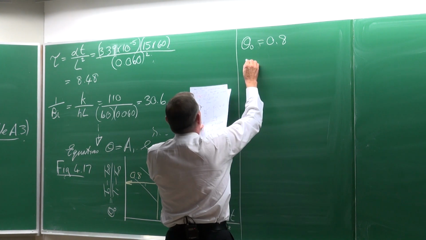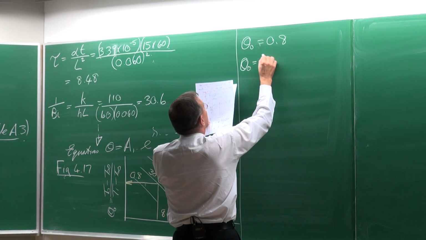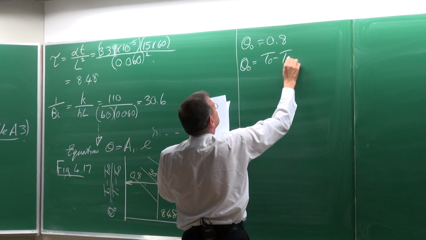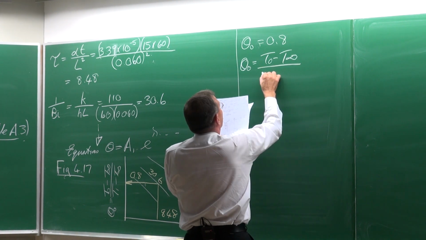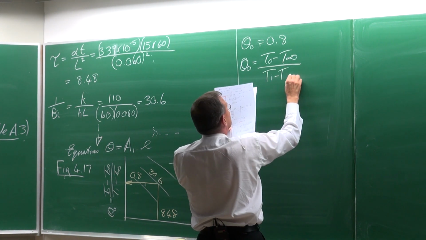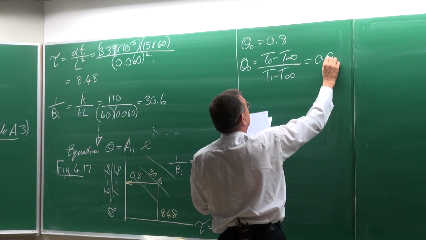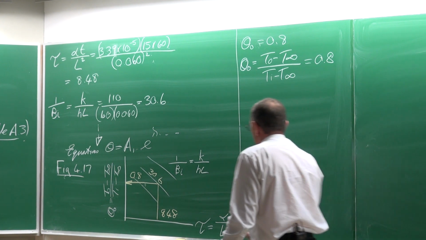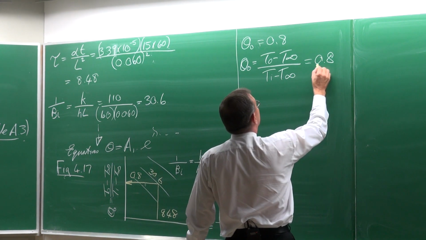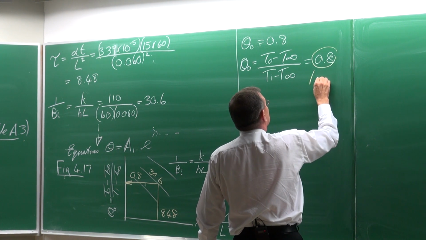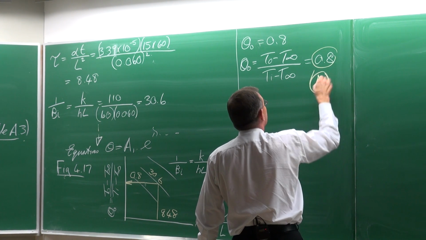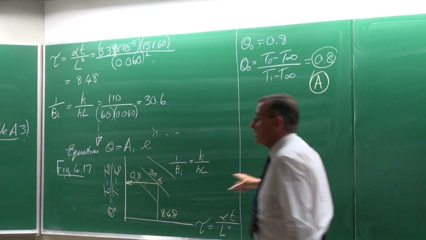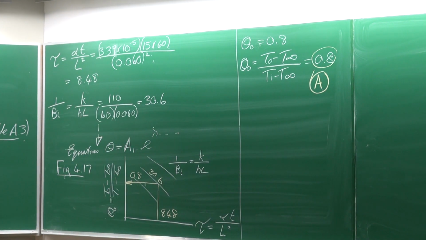And that would also be equal to T0 minus T infinity divided by Ti minus T infinity, which is 0.8, the non-dimensionalized temperature. Okay, so this solution I'm going to call A, the solution of A. That would represent that solution there.